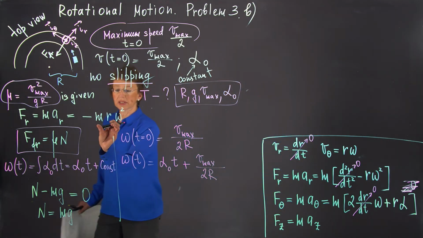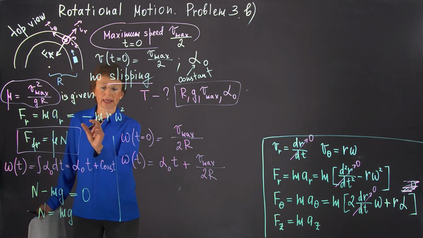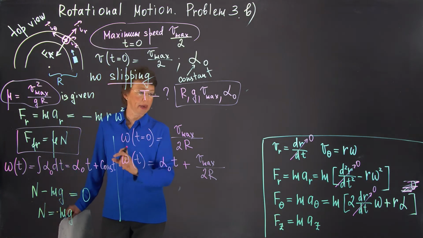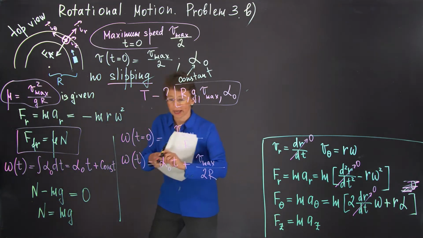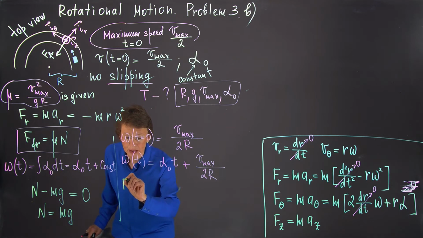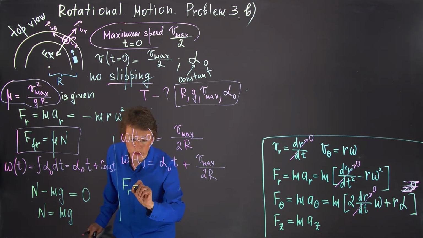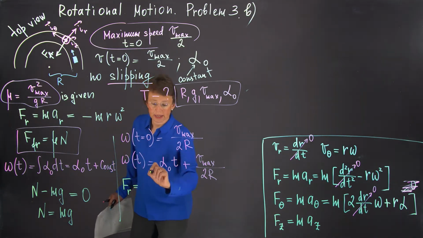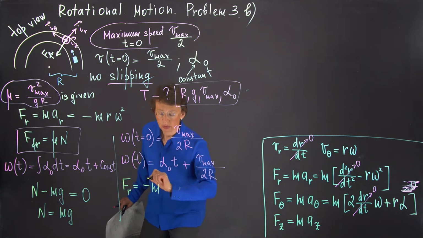So now we can find F sub r as minus m r omega squared. I will write it here. F sub r is equal to minus m for the car.